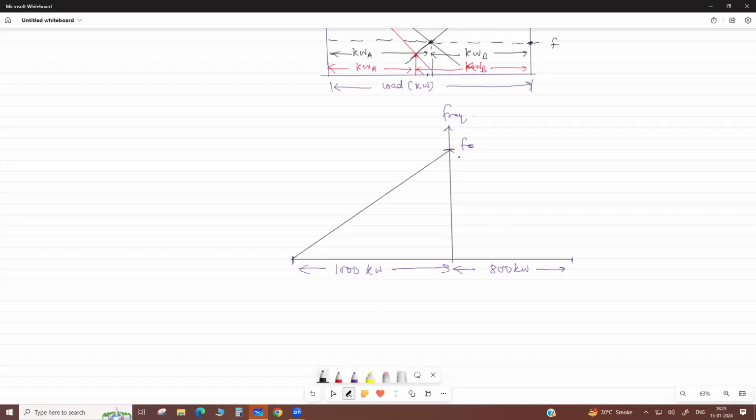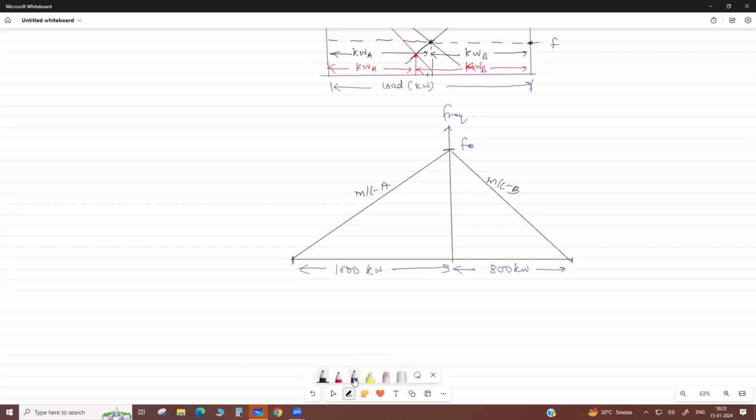For B, it is this. When there is full load on B, then this is the curve. This is machine A. This is for machine B.